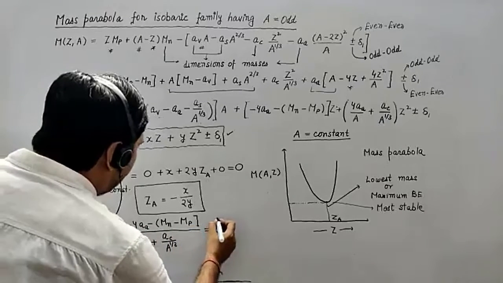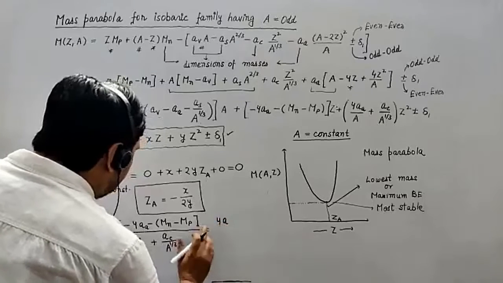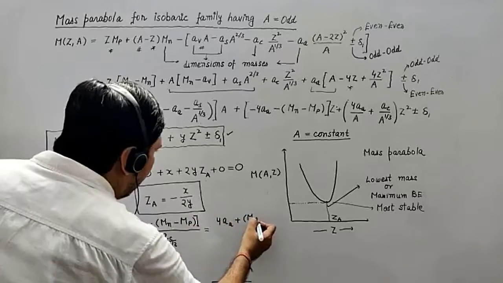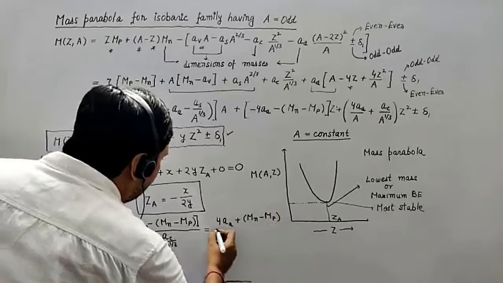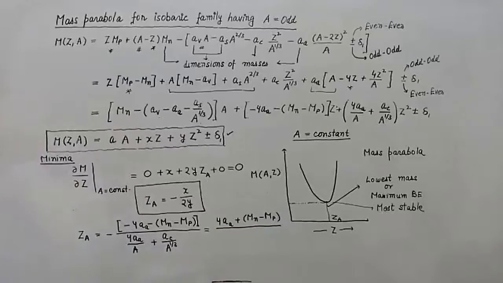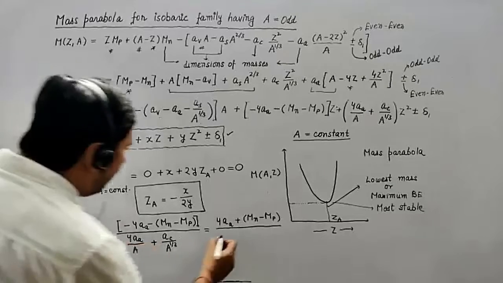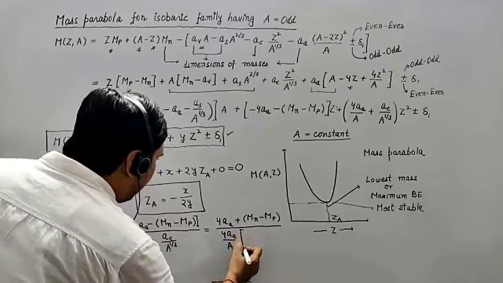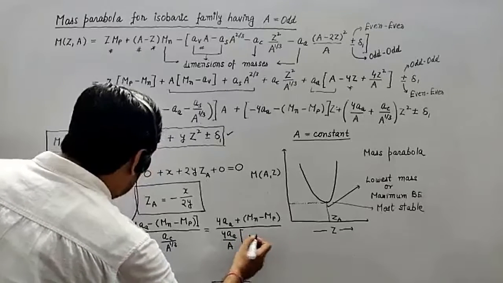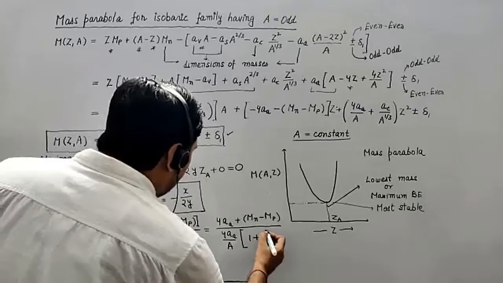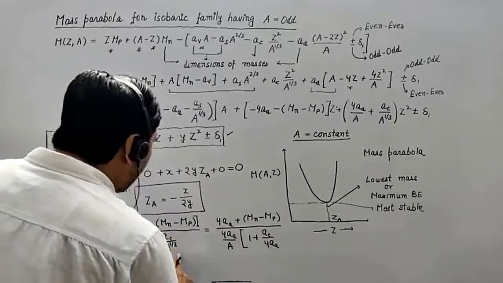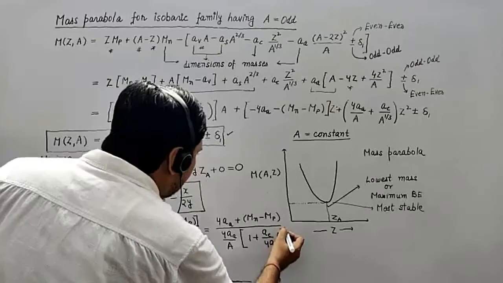This will be 4a_A into A. This will be 4a_A plus (m_n minus m_p), divided by 4a_A upon A. I can take this 4a_A upon A common, and it will become 1 plus a_C upon 4a_A into A to the power 2 by 3.